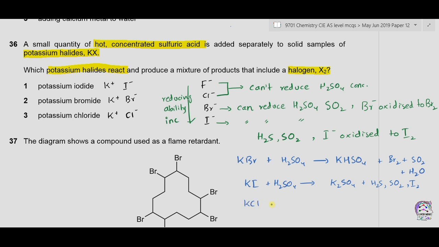For potassium chloride, the reaction will produce potassium sulfate and hydrochloric acid. So we can see that the mixture of products along with halogen is only formed in KBr and KI. So correct options are 1 and 2. So therefore answer is B.